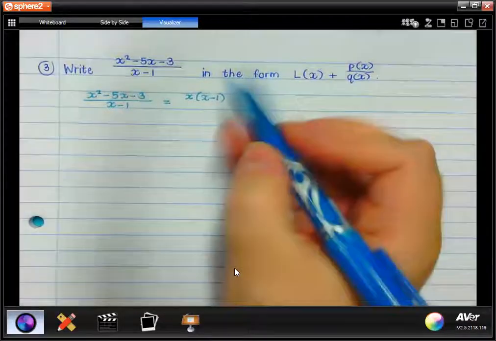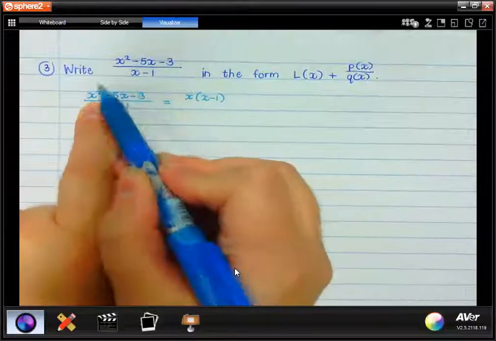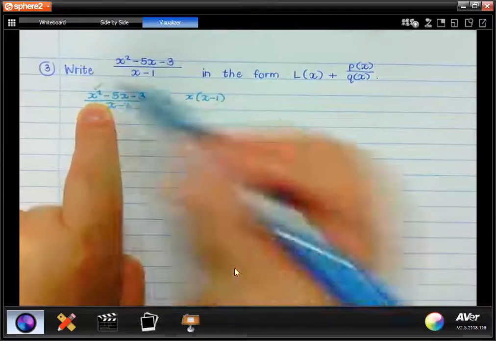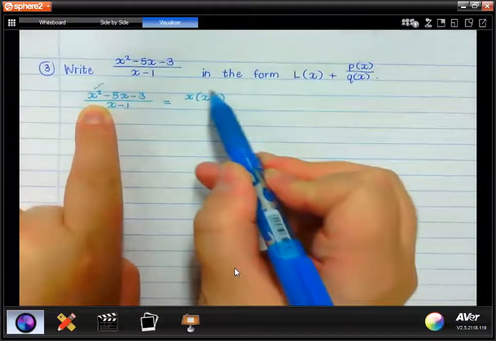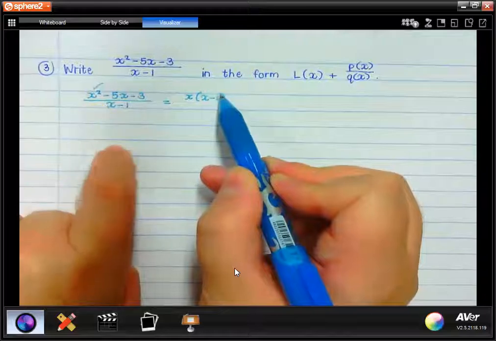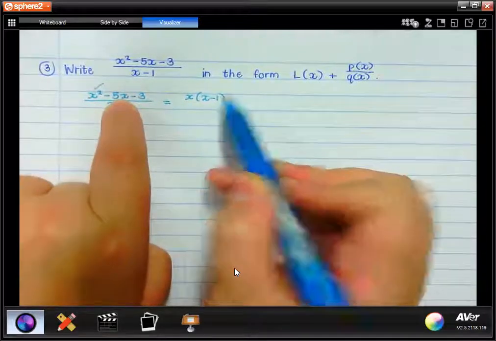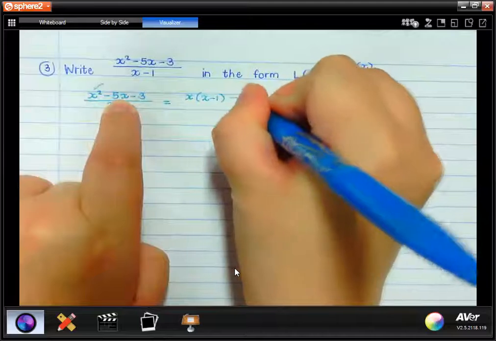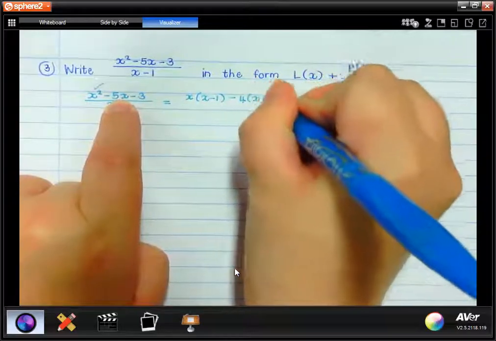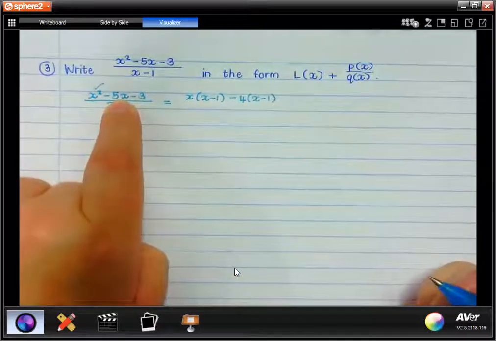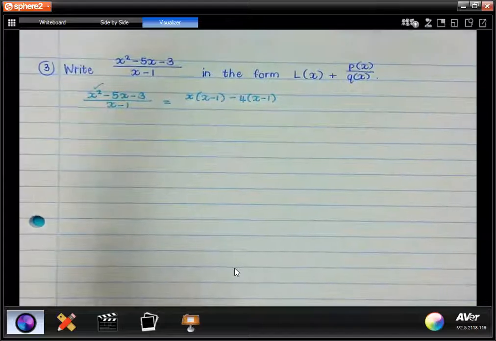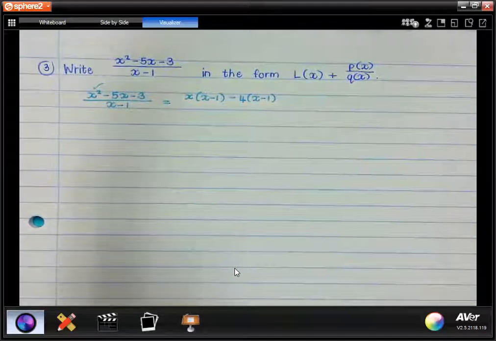Now let's see, the first term is the same because x times x is x squared, so that one is fine. What do I get if I multiply this out? I get negative x. I need negative 5x, so I need to do a negative 4x, but now look at what I'm doing. Remember, in the fraction that we're left with, we can't have an x, so I can't just say negative 4x over x minus 1.